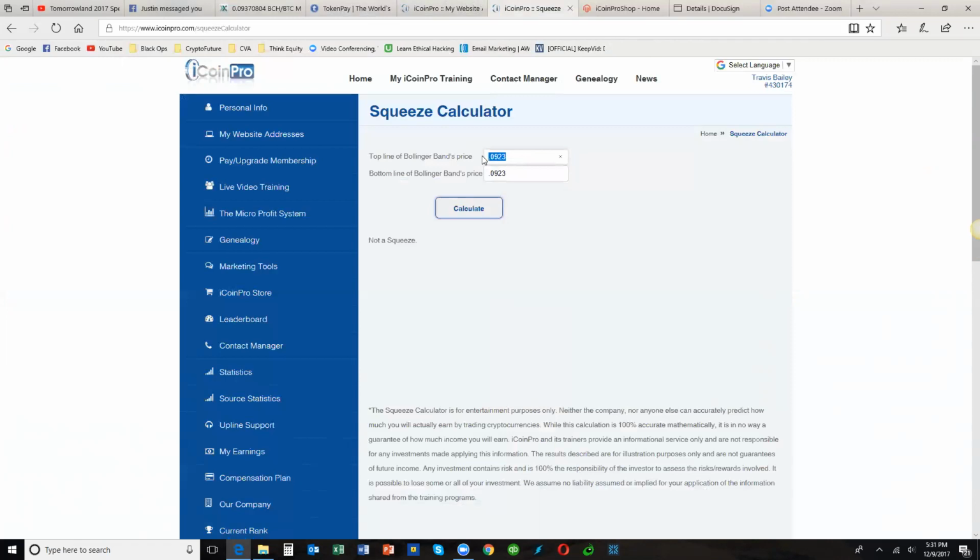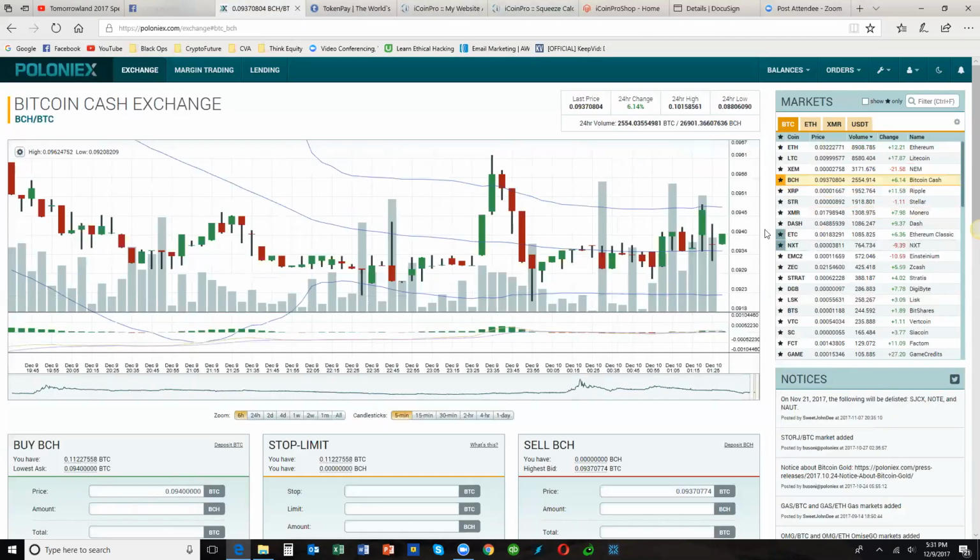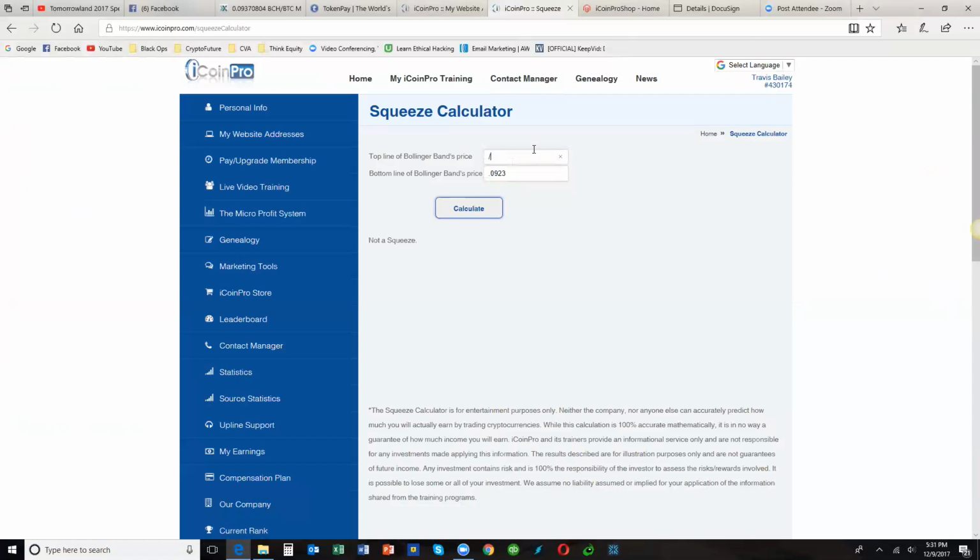For any squeeze trade I do, I really do have this calculator open, and I'm doing this. So 0.0948. Pretty sure it's not a squeeze, a little far apart.